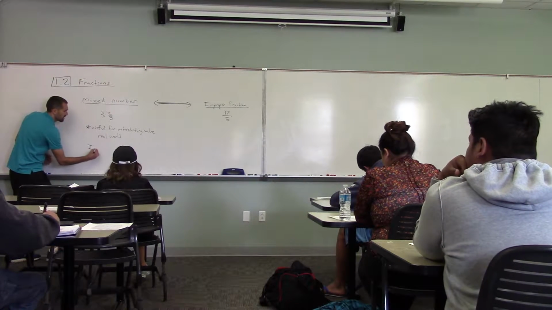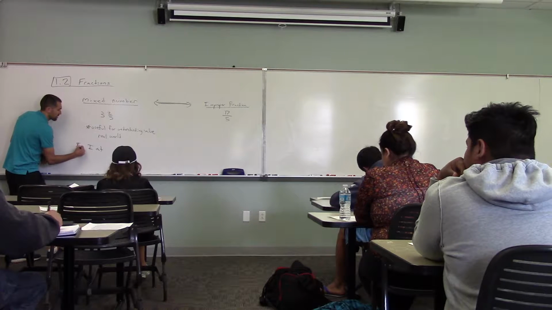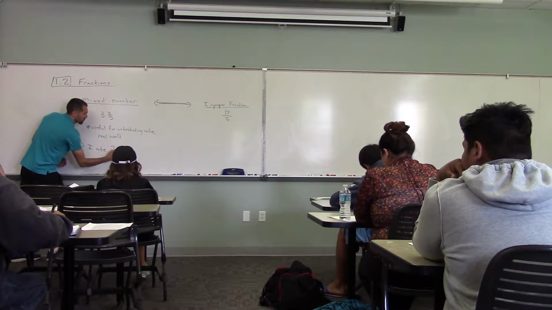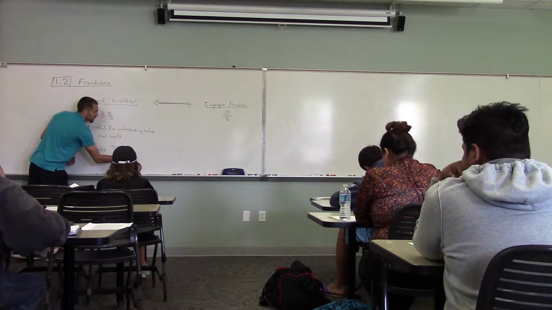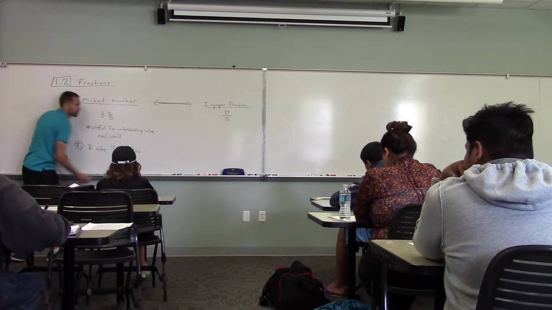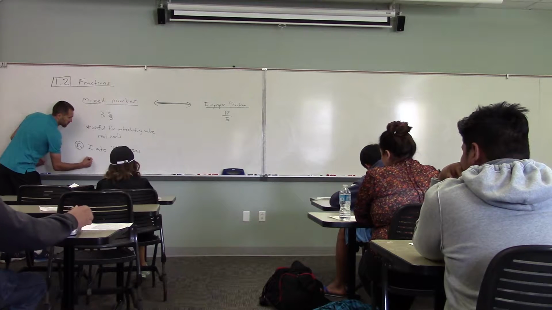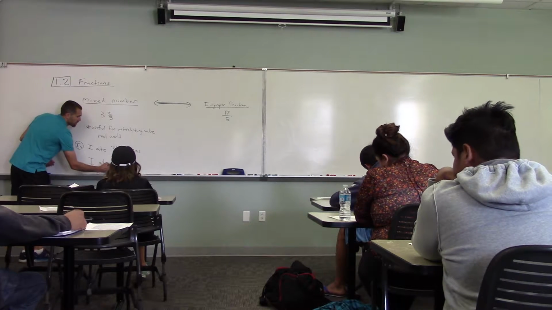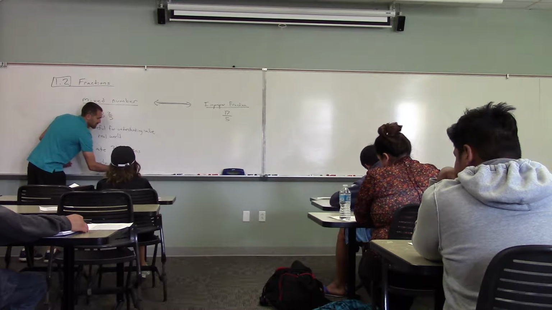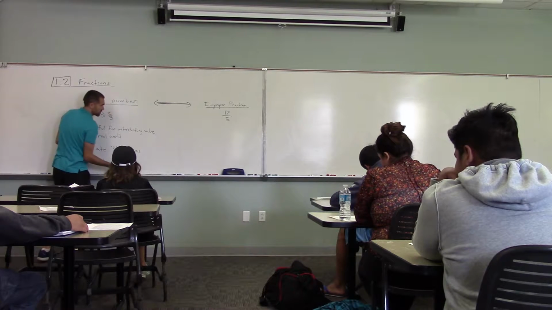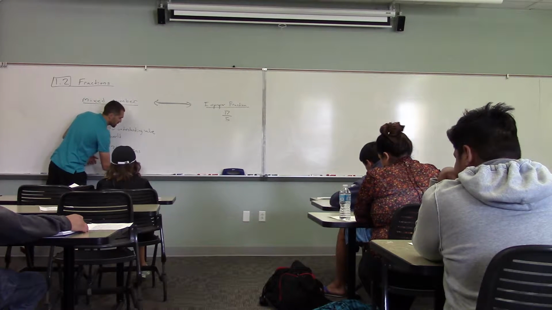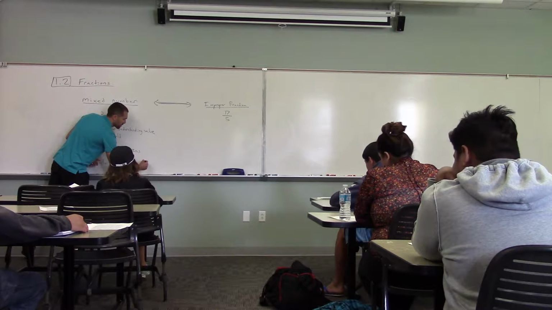You would say, I ate, just as an example, 3 1/4 pizzas, right? People go, oh wow, you ate more than 3 pizzas. That's a lot of pizzas. Versus, I ate 13 quarter pizzas. You wouldn't say that, right? No one says that.